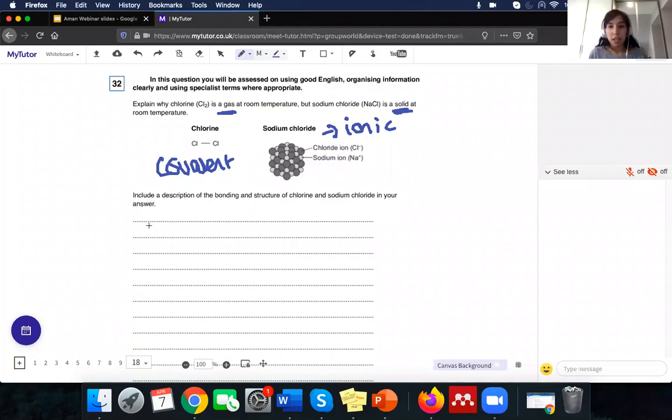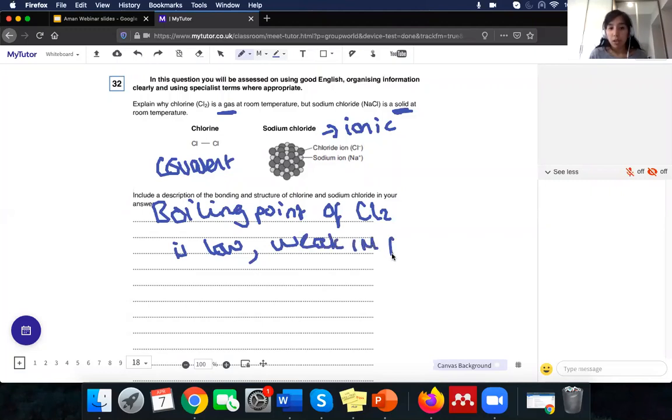So the first thing is, what changes chlorine into a gas? That phase change is boiling. So we must say that the boiling point of chlorine is low. And that is because of the weak intermolecular forces between chlorine molecules.